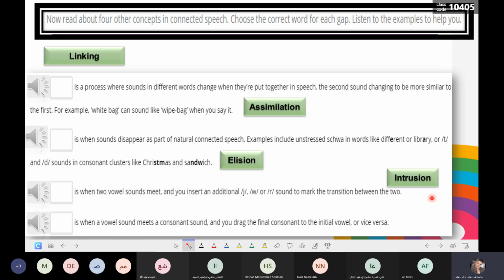And if it is a or i, we add the yeh sound. So we don't say I always, I say I always. Have you noticed that? I always go to school. This happens in connected speech.